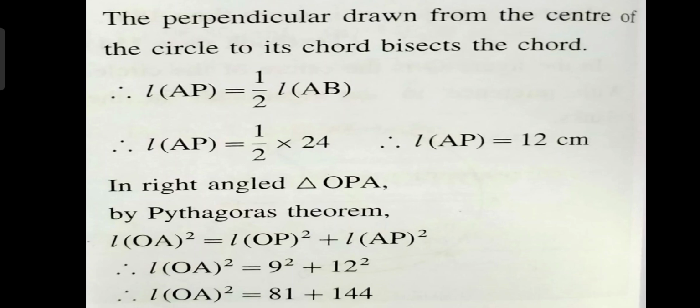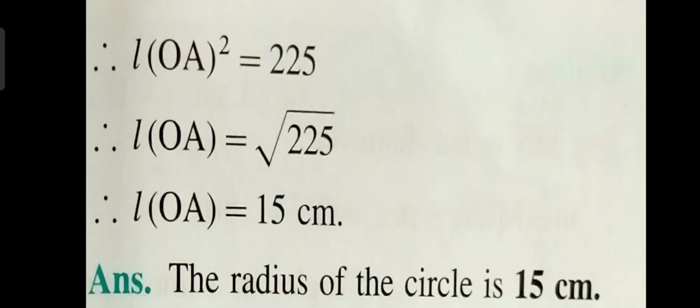So OP is 9, square that is 81, and AP the length is 12, so its square is 144. Therefore length OA square is equal to 81 plus 144, that gives us the answer as 225. So therefore length OA is equal to the square root of 225. So therefore length OA is equal to 15 centimeter.